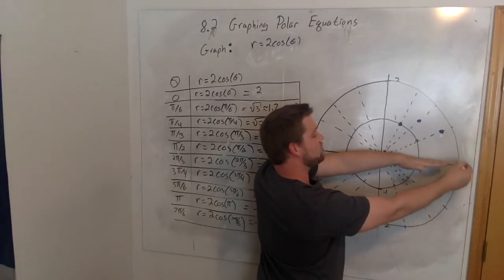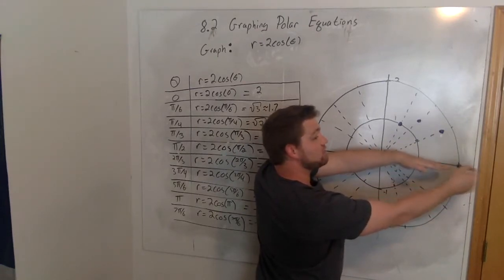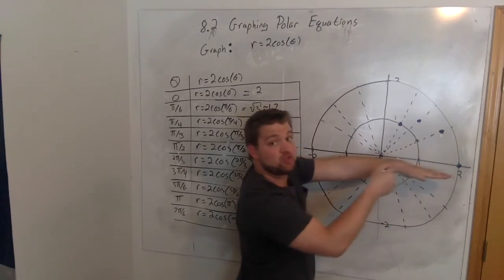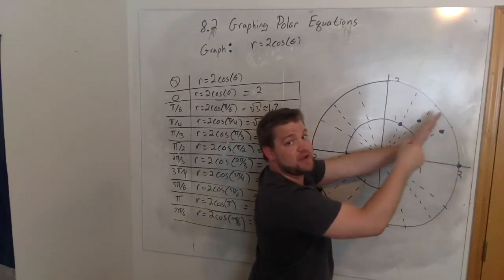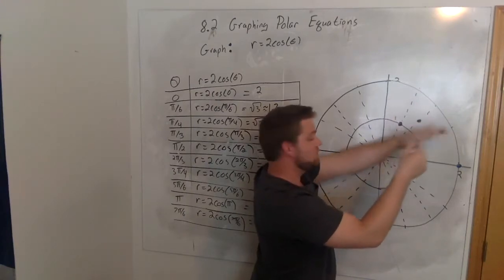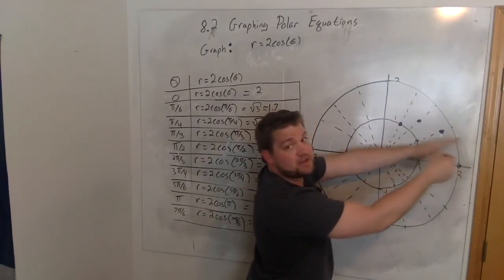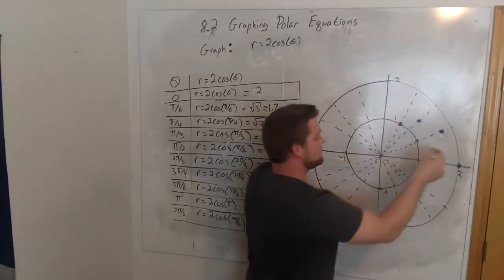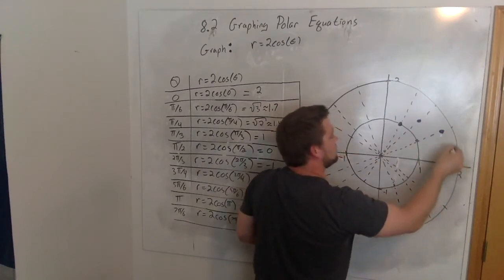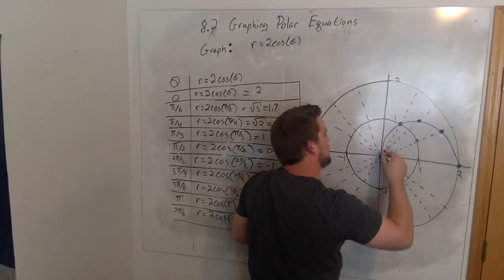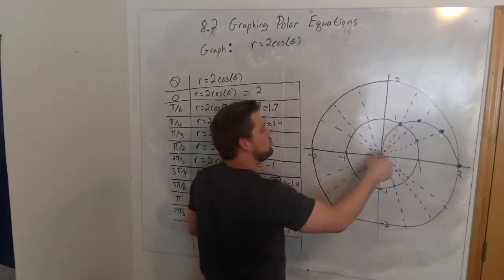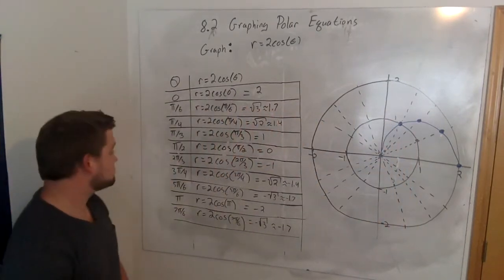And as we rotate, the radius is decreasing, which means my arm is getting closer to the origin. So now when we're at an angle of pi over 2, we're at a radius of 0.